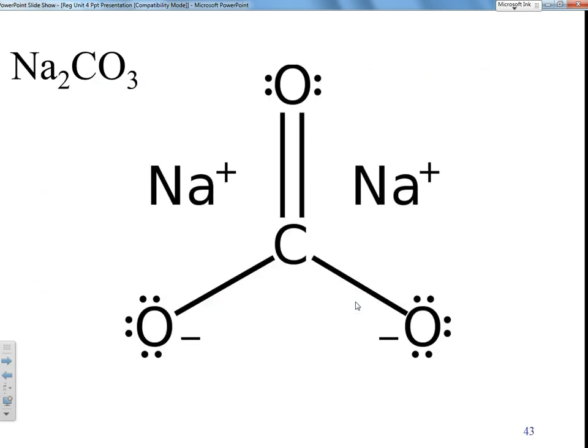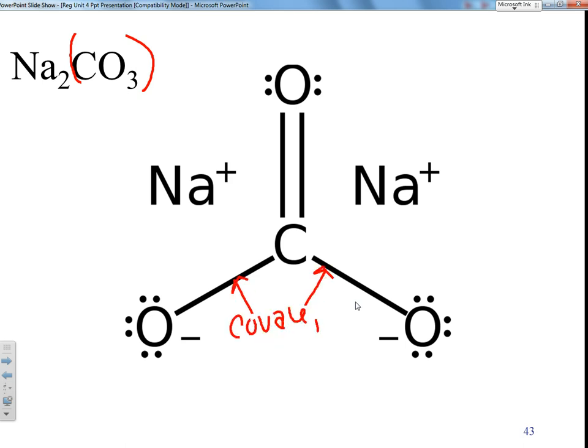To illustrate what this looks like, and this is what you'll be drawing in your note packet, this is the compound sodium carbonate, Na2CO3. This is the carbonate ion, CO3 2-. The carbonate ion is held together by covalent bonds.